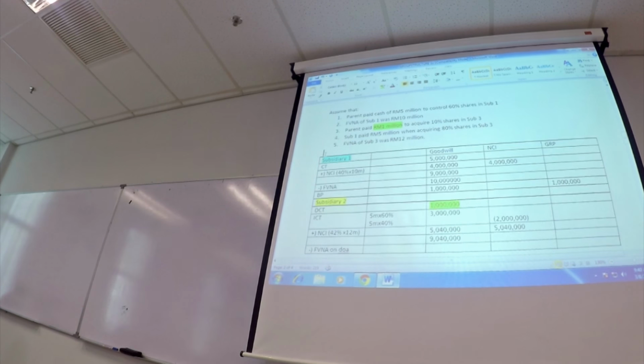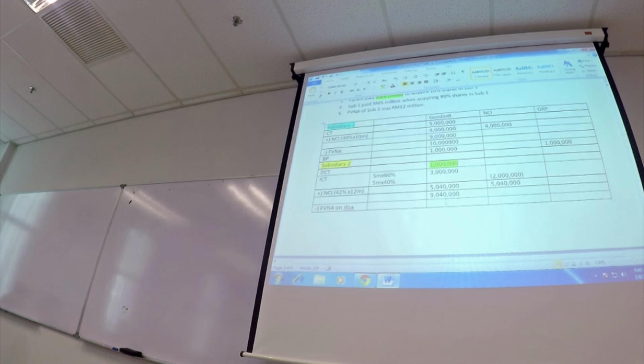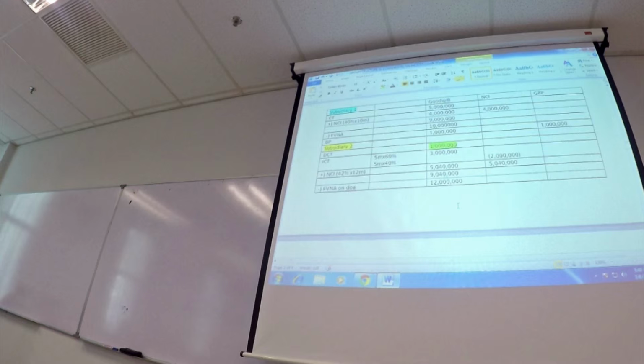I will move this up a bit, so they can see. And the fair value is 12 million. So again, bargain purchase. So many bargain purchases today.